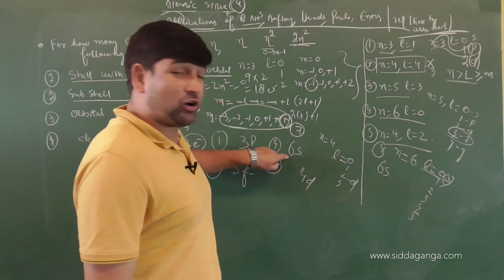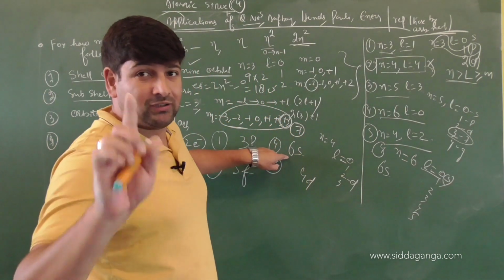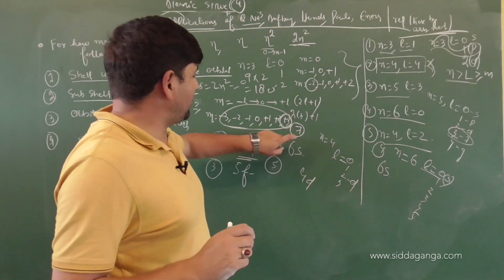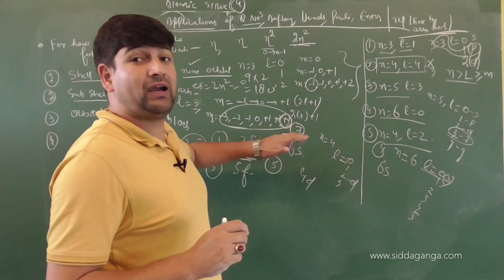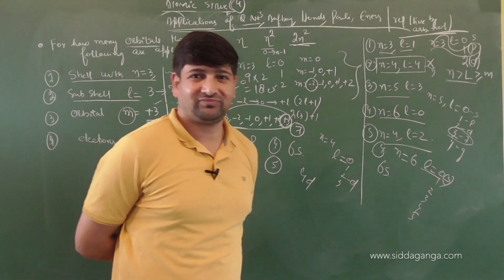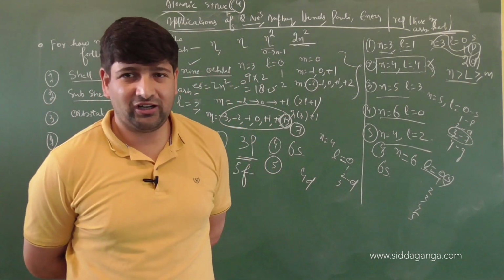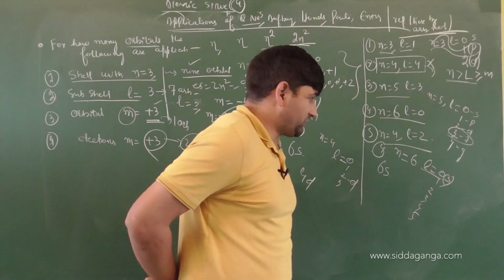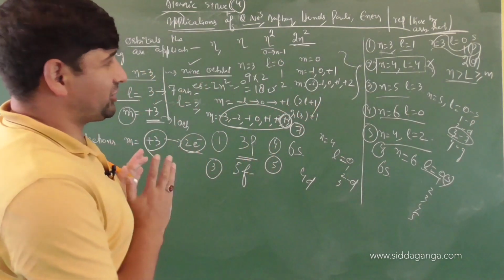And each principal quantum number represents one orbit which can accommodate a total of how many electrons? 2n square electrons. Clear or not? Excellent. Let us write down one more question. So keep a proper track of these things.